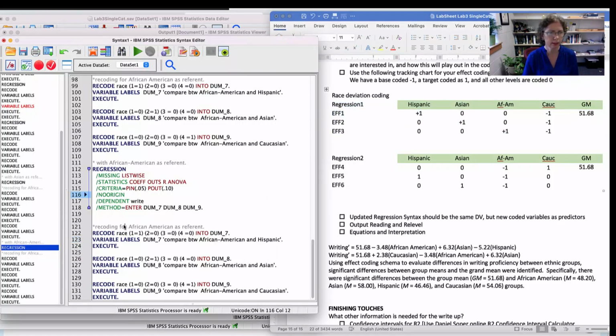So race, and I can give myself notes. Recoding has contrast effects to compare to grand mean. So this one's going to be effect 1.